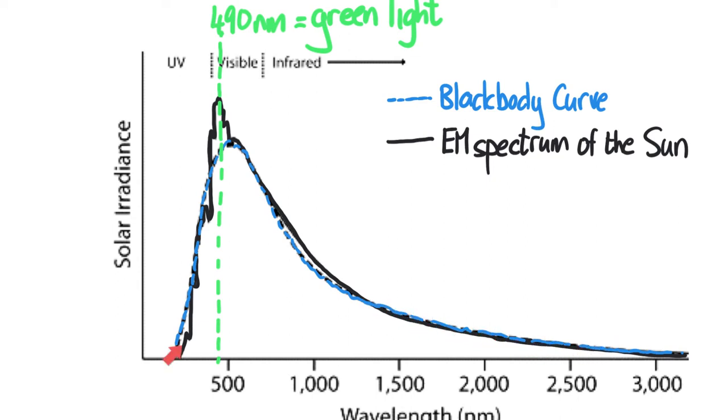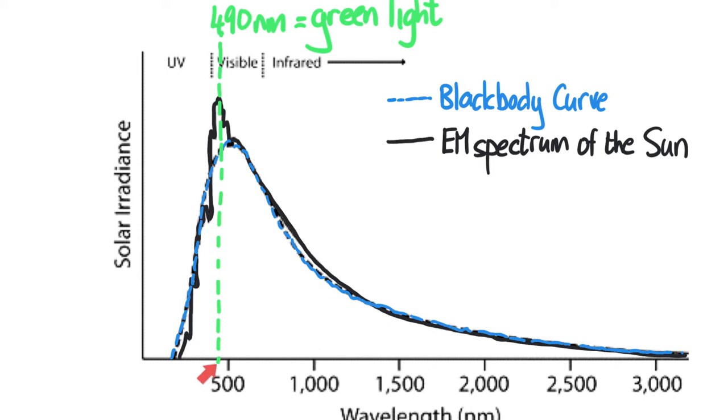And so that is the theoretical black body that would best fit the electromagnetic spectrum of the Sun.